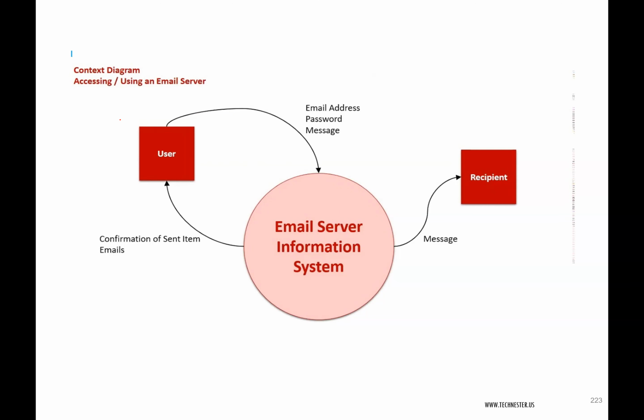Now, look at this context diagram for an email server information system. So this is the system that is being developed. These are external entities. So the rule for a context diagram: the system that is being developed will be drawn as a circle. Then external entities will be represented using squares.